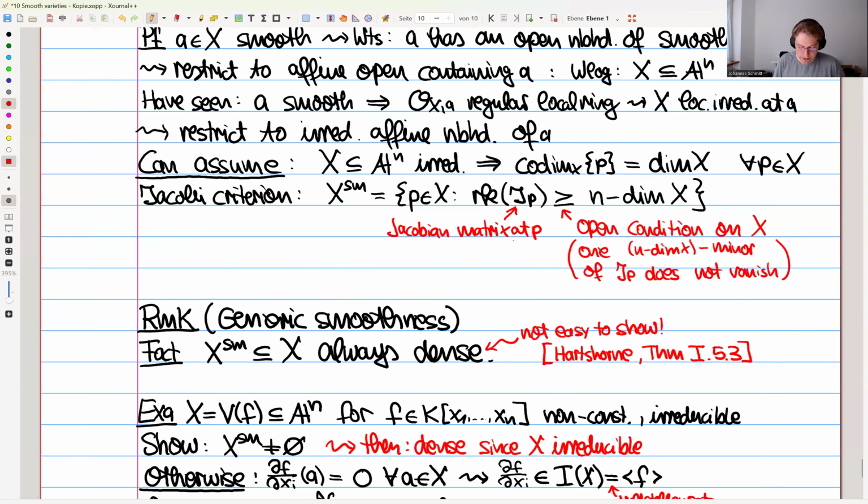So in other words, X_smooth inside X is the complement of the locus where all of these minors vanish. So it's the complement of a closed subset, and so it is open. And this finishes the proof.